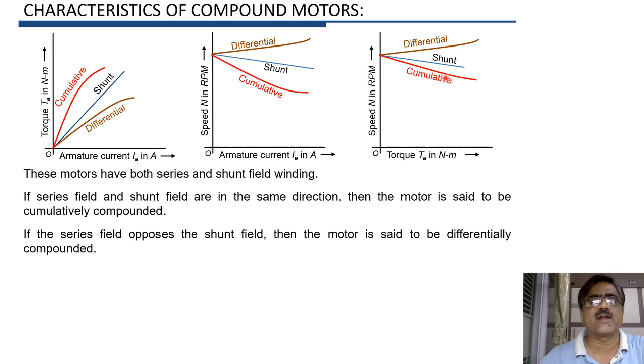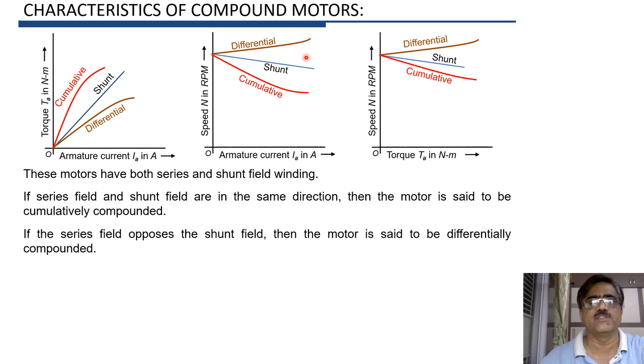And the third characteristic can be drawn by first two characteristics. Now in differentially compounded motor, flux decreases with increase in load and therefore torque also decreases.